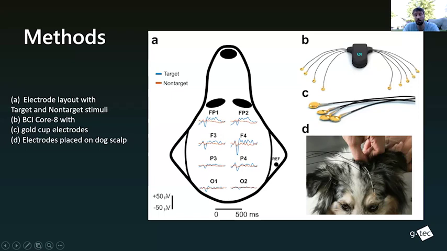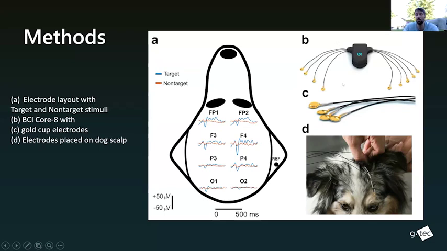You can see here the responses, with the target responses in blue and the non-target in orange, averaged across 50 target and around 250 non-target stimuli. You can see these amplitudes: very strong amplitude on the right lateral side and diminishing towards the back, which we found in most of the dogs that we measured.